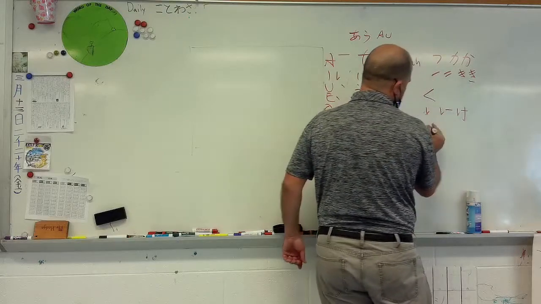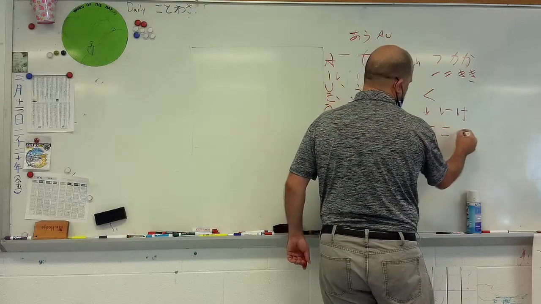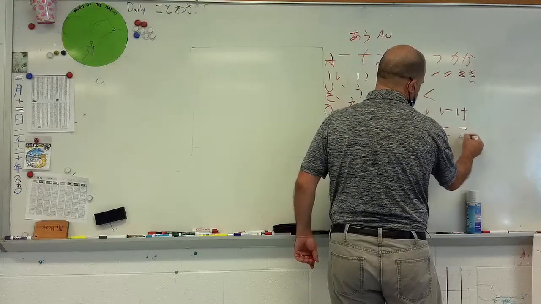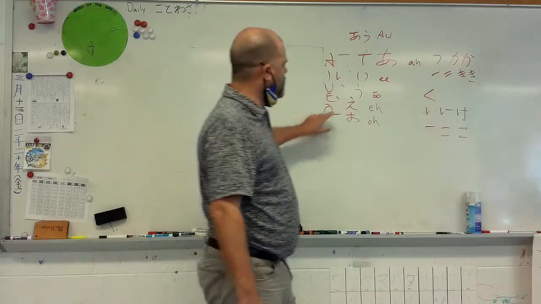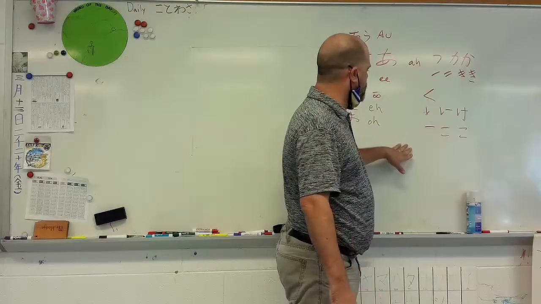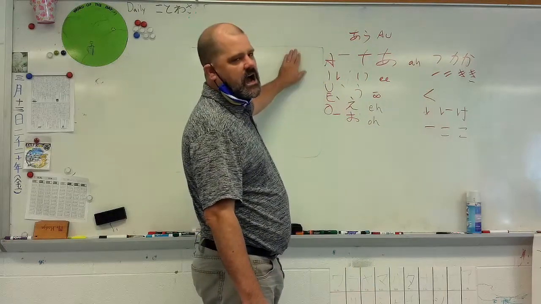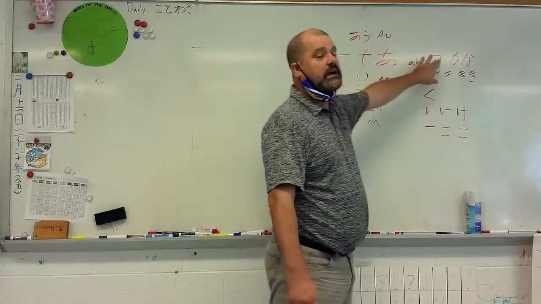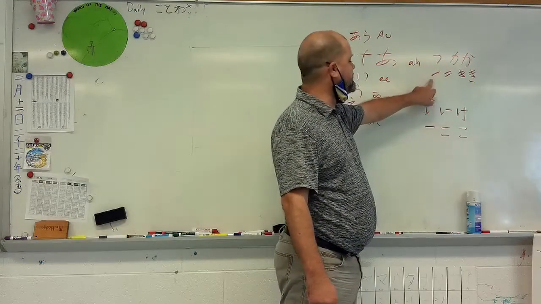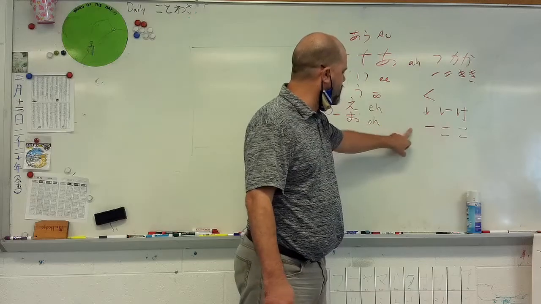Actually, it doesn't matter if you write it like this or like this. Let's see both. So, A, I, U, E, O, ka, ki, ku, ke, ko. So let's say this together. A, I, U, E, O, ka, ki, ku, ke, ko.